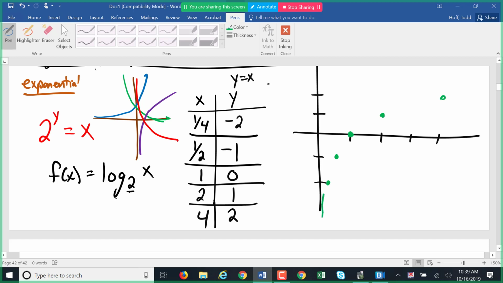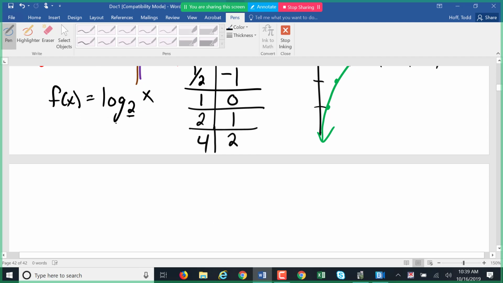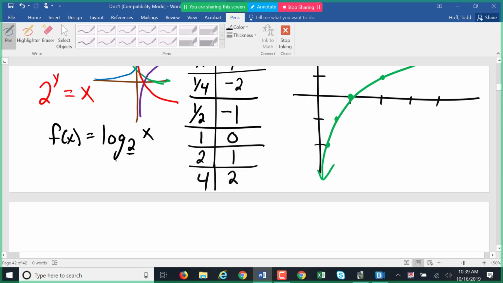It's going to be a curve looking like this, as long as that base of the logarithm is bigger than 1. That b is bigger than 1. We're going to get a curve like that.